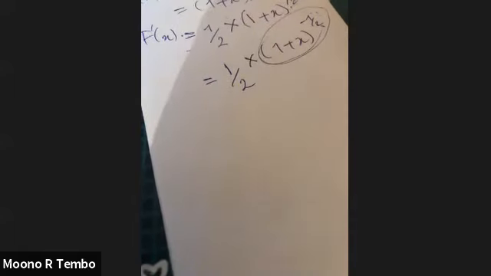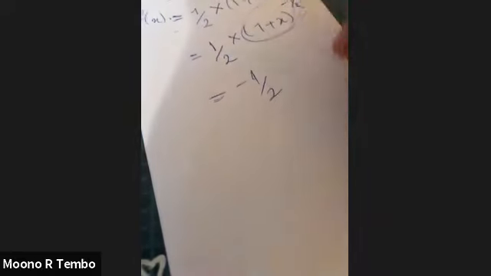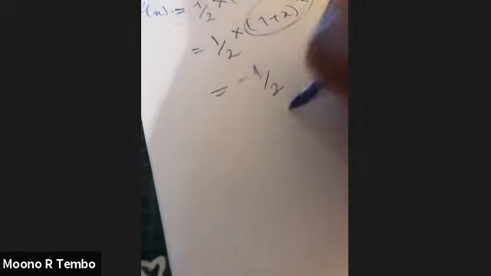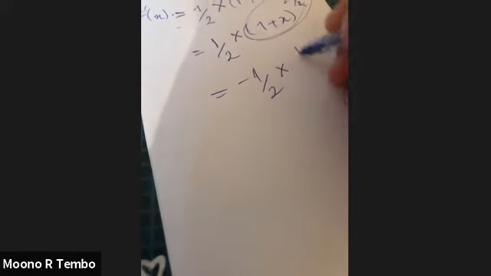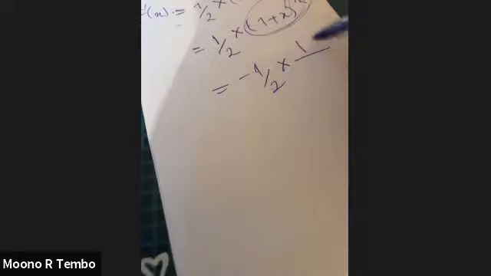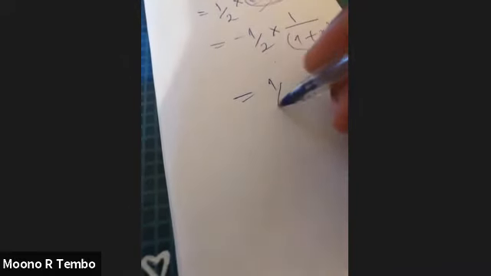So this whole thing comes to the bottom, and it becomes 1 there. At this part you can get rid of the negative for the power. It becomes 1 plus x, everything to the power, and that is going to be equal to half square root 1 plus x.